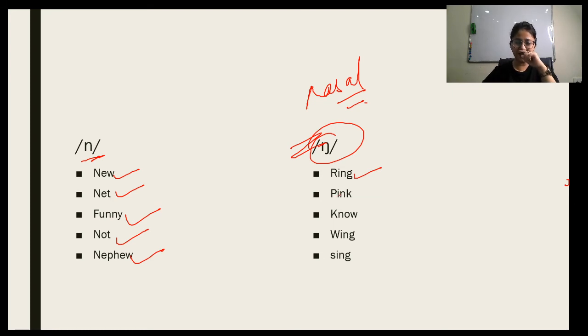If you put your fingers just below your nose, not for wiping your nose, but just to hear the sound, you can feel the vibration. You won't feel that for pink, but you'll feel that for ring. So do that. So you've got ring, you've got pink, you've got wing, you've got sing.